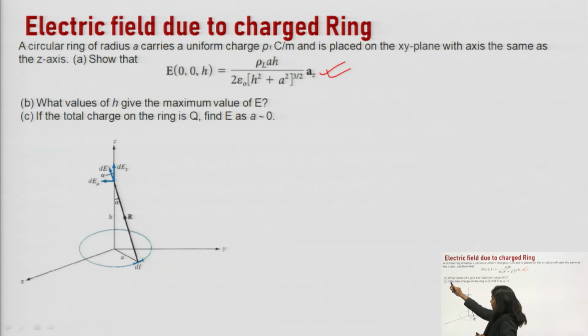Now we need to find the value of h which gives the maximum value of E. h is the distance between the point of interest where we need to find the electric field and the center of the ring. Now to find this, we need to differentiate. We got the value of E like this. To find the value of h for maximum E, we need to differentiate E with respect to h.